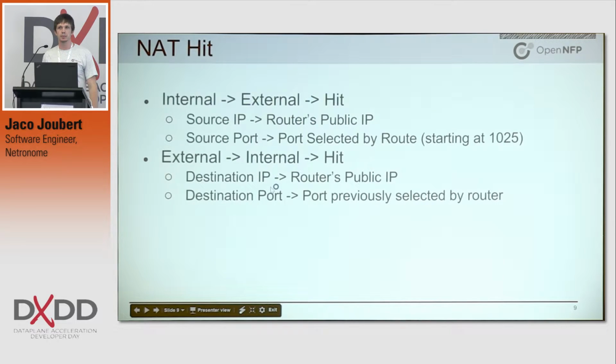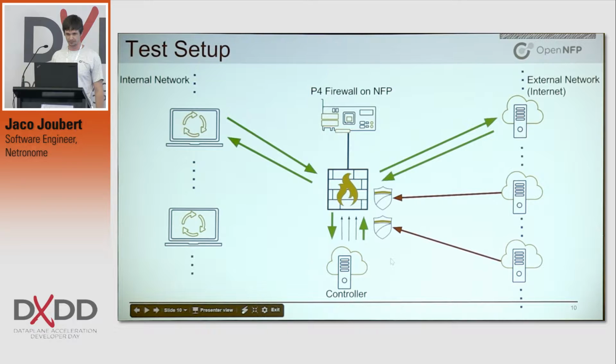Just the opposite is happening when we get a return, but now the destination IP is set to the router's public IP. So that is being changed to the IP of the device that made the original request, and the destination port is set to that port that was selected by the router the previous time, but that is then changed to the port of the device that made the original request.